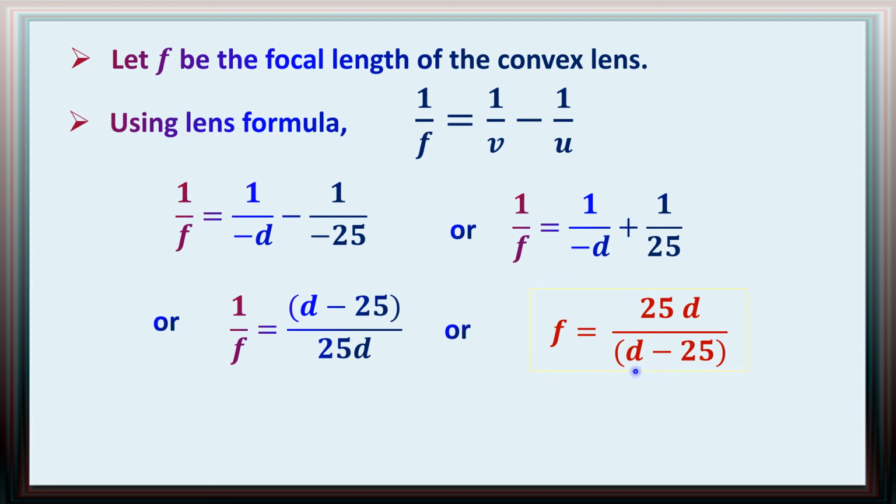That's why d is greater than 25. When d is greater than 25, d minus 25 is always greater than 0. Hence F is always positive. When F is positive, it indicates that we have to use a convex lens to correct the defect of hypermetropia. So here d is greater than 25, hence F is always positive.